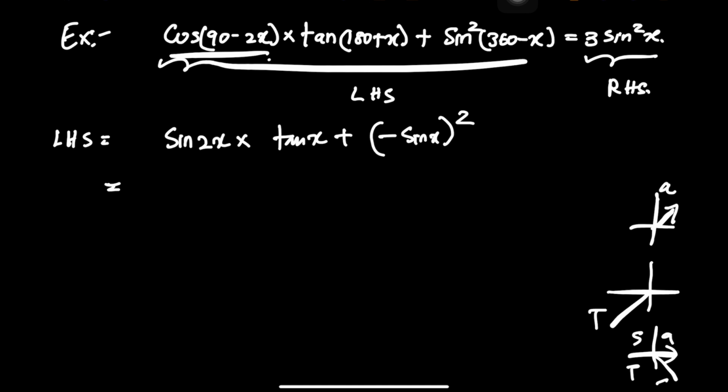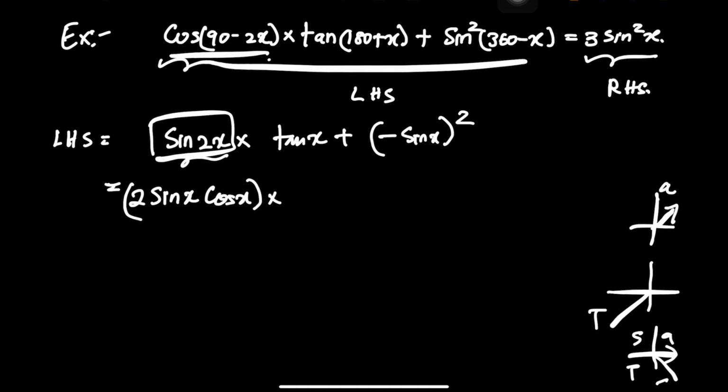We will learn this one in the future. Sine 2x can be written as 2 sine x cos x. We'll learn in the next videos. So this is a formula for sine 2x.